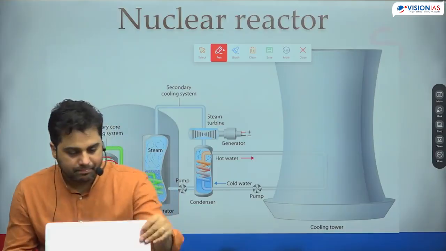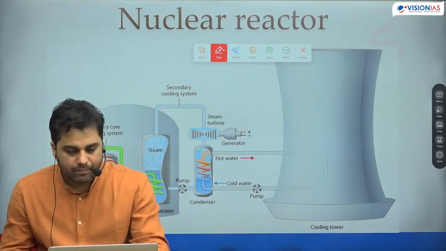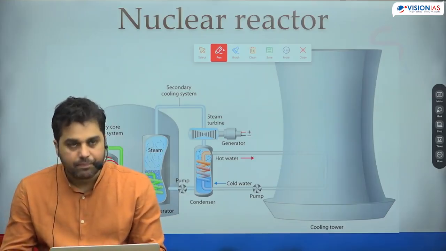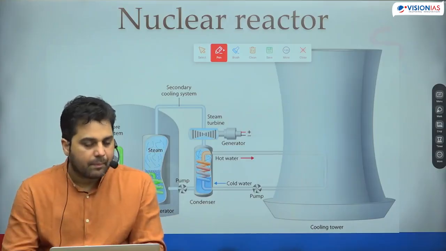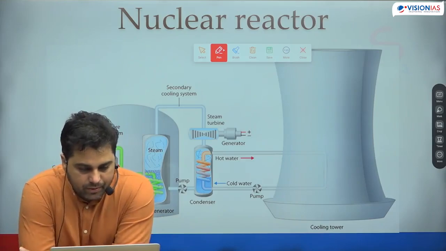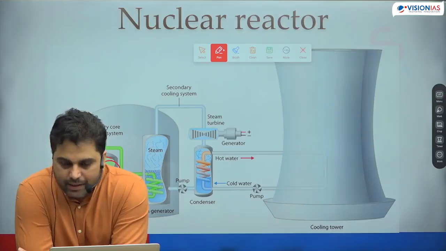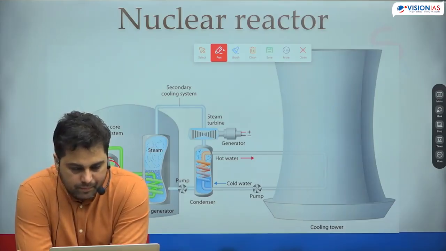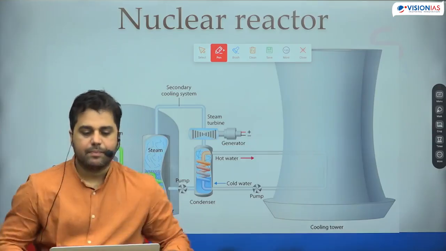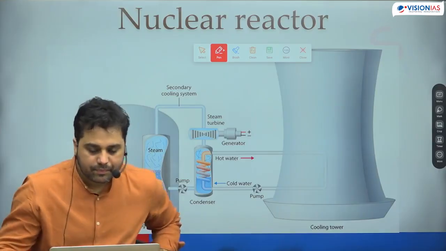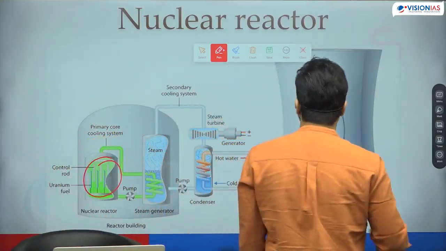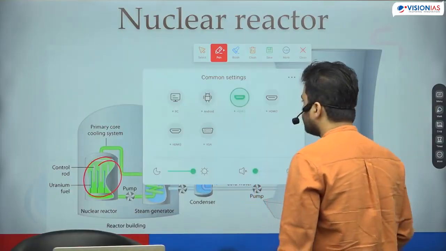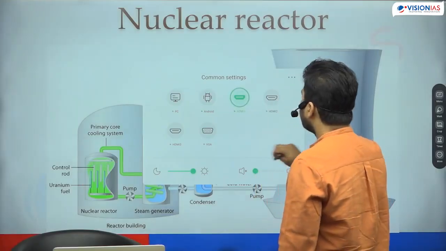So आप लिख सकते हो, coolants are fluids that remove heat from the reactor core and transport it to a generator to produce electricity.